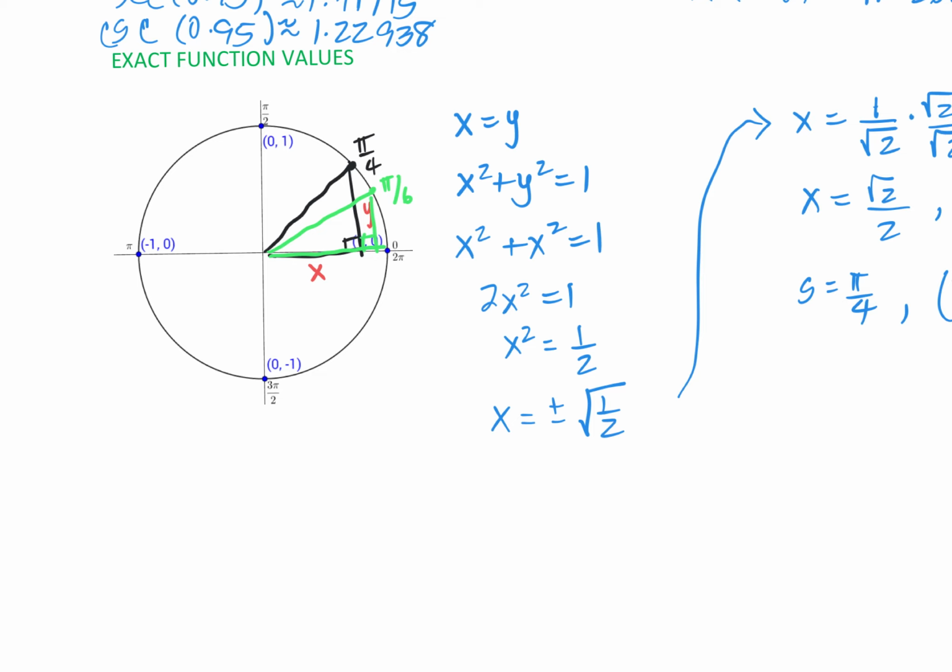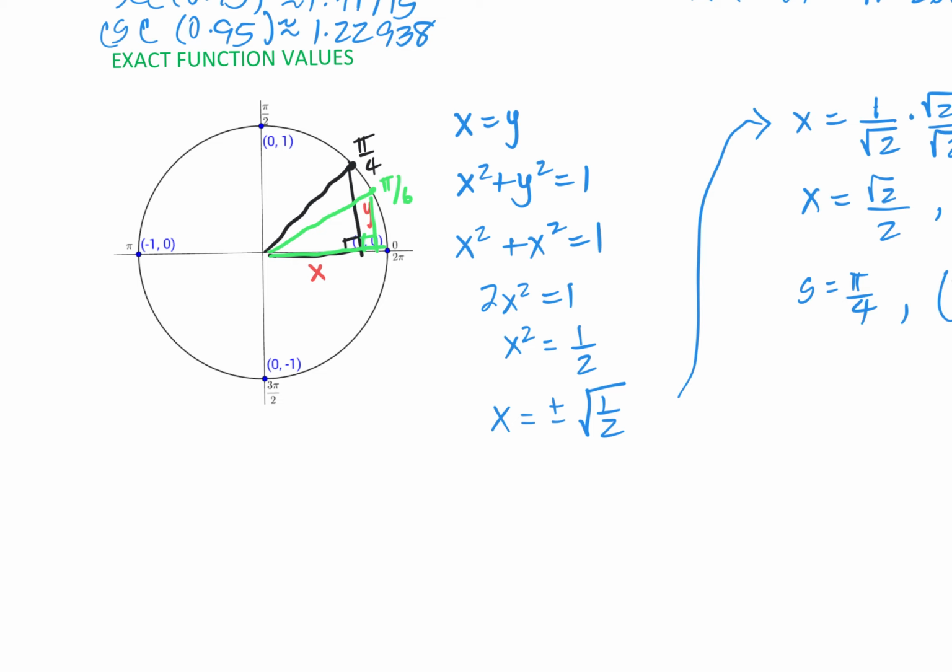We have to get a little bit more creative when we solve, but we will find that at pi over 6, we're going to have an x value of square root 3 over 2 and a y value of 1/2. And this would be a 30-60 triangle from geometry.